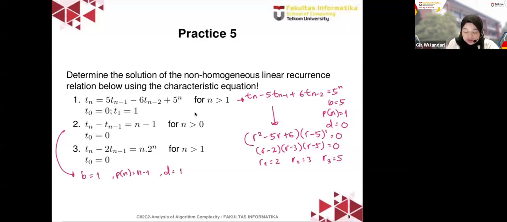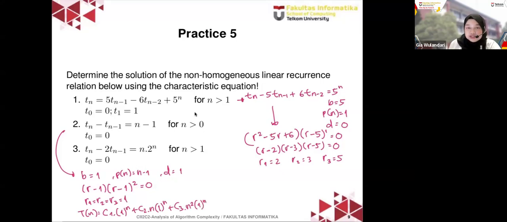So the equation we have is r minus 1, r minus b to the d plus 1 equals to 0. So r1, r2, r3 will be equal to 1. And again, Tn will be C1 1 to n plus C2 n 1 to n plus C3 n squared 1 to n, like this.